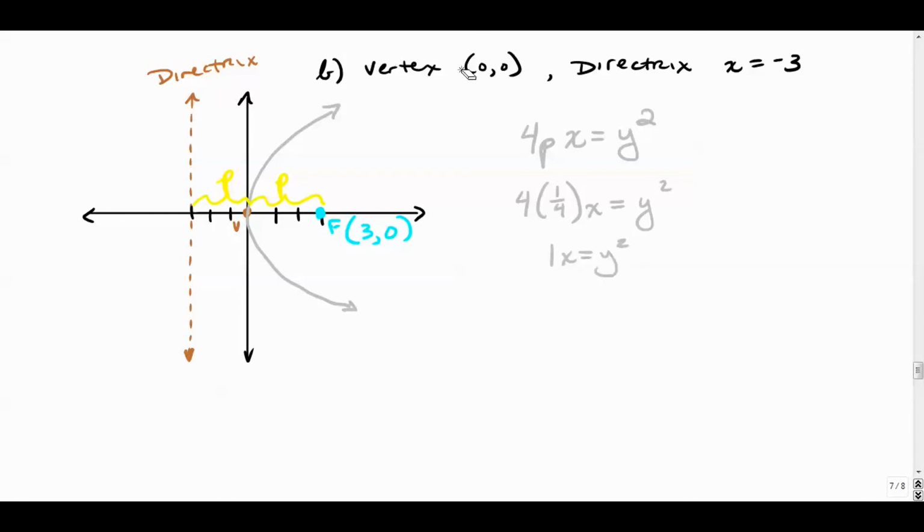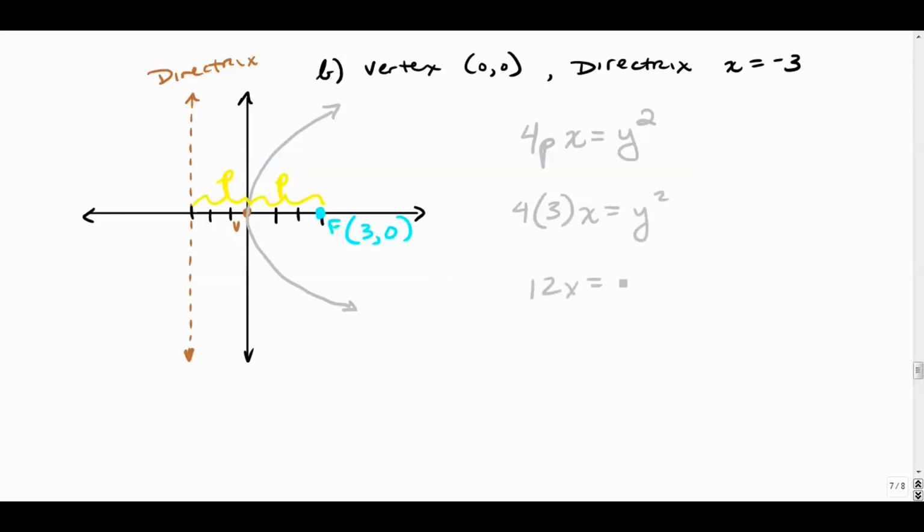All right, but this is not the normal parent, sort of, if you will. This is a bit skewed, and it's different by that strange p-value. So we already know what the p-value is. It's the distance between the vertex and the focus. It's 3 units. So we plug that in.